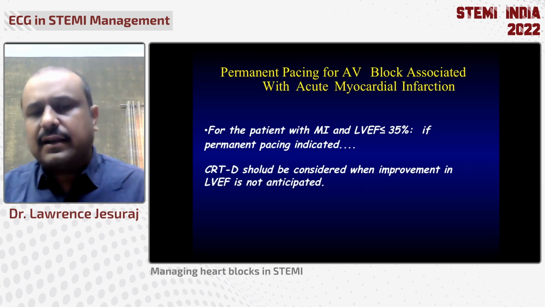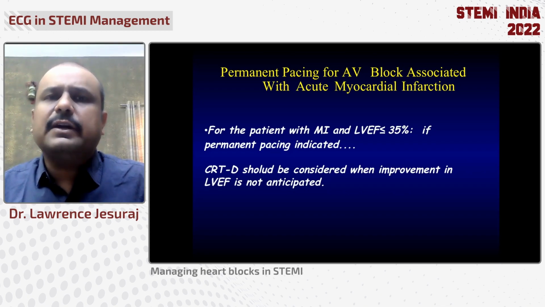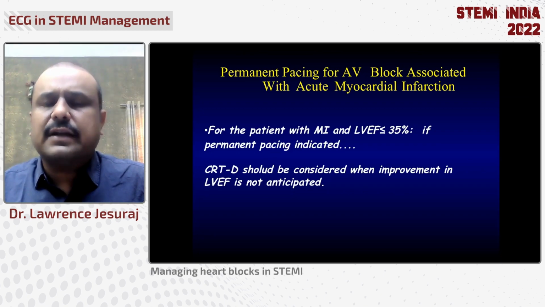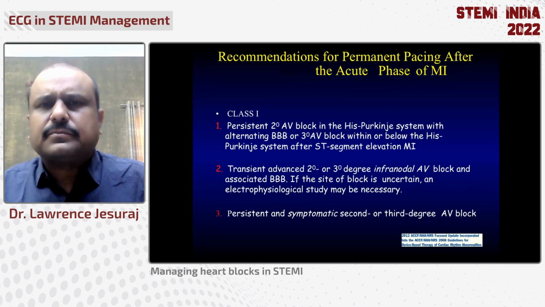If you have done a revascularization which you feel was delayed, and you don't think there is a possibility of recovering LV function, or you see a patient late after a myocardial infarction who presents with a non-viable area, then you know very well this patient is not going to improve. So in these patients, you can consider CRT-D on an individual basis.